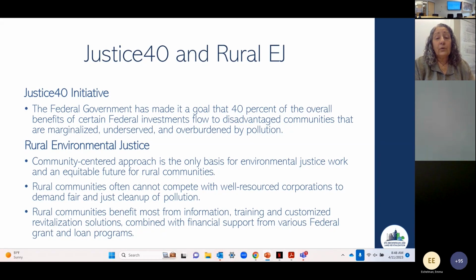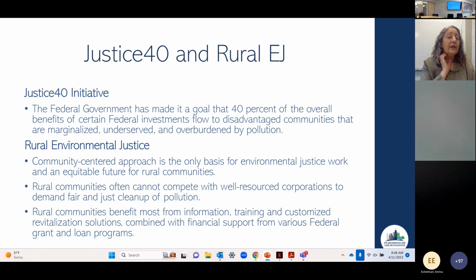And that's all federal programs, not just EPA. So if you are involved in HUD or EDA or provide funding for land reuse or revitalization, 40% of those projects are now targeted for disadvantaged communities.